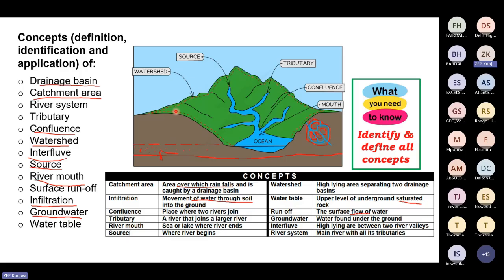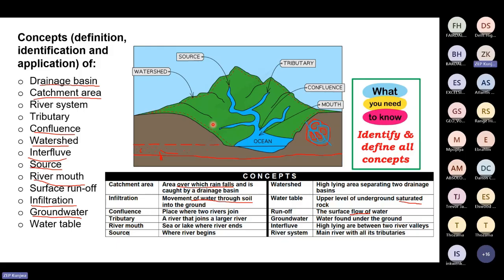If the examiner has given you an arrow going down, maybe showing that water is flowing, then you know that is your surface runoff. And for infiltration, an examiner might give you an arrow that is getting into the ground, and then that is your infiltration.